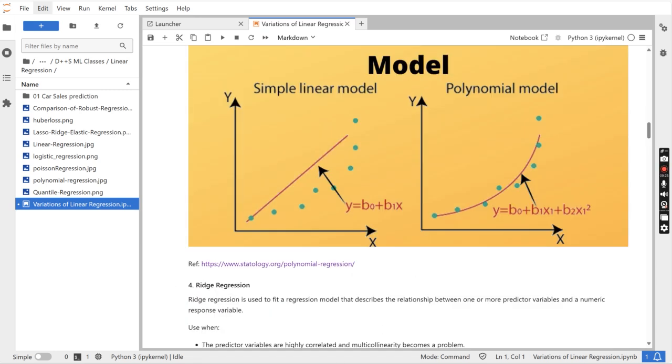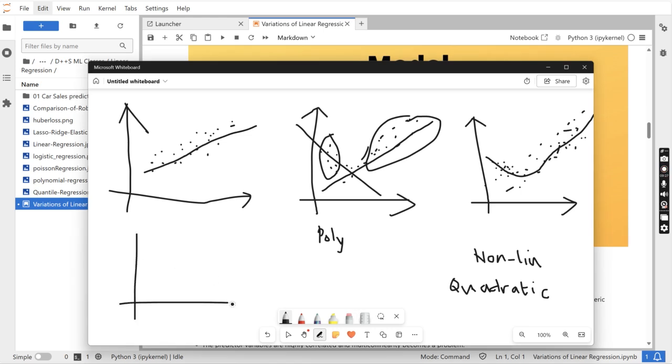Now if you try to capture this relationship, it will turn out to be something like this, or maybe even like this. If you consider this as the number of hours and this as happiness, many people are happy when they work a certain lesser amount of hours.